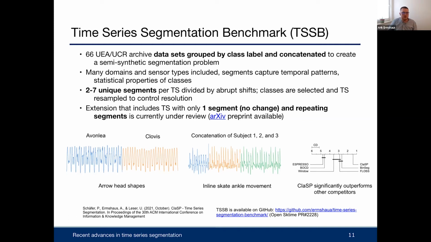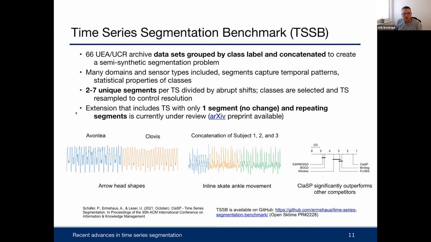And we took the effort to construct a quite diverse benchmark with 2 to 7 unique segments. More variation compared to the first benchmark I talked about. And we also have a lot of different configurations with smaller time series, just a few hundred data points, to very large time series with tens of thousands of data points.